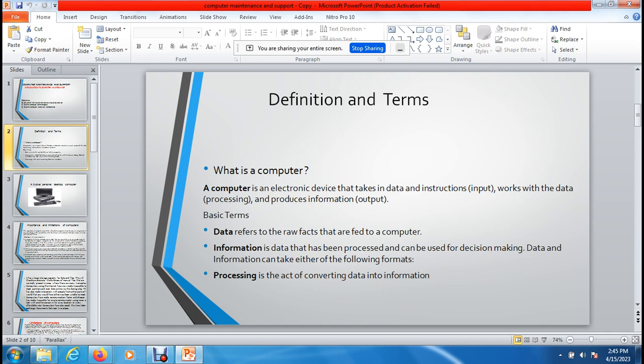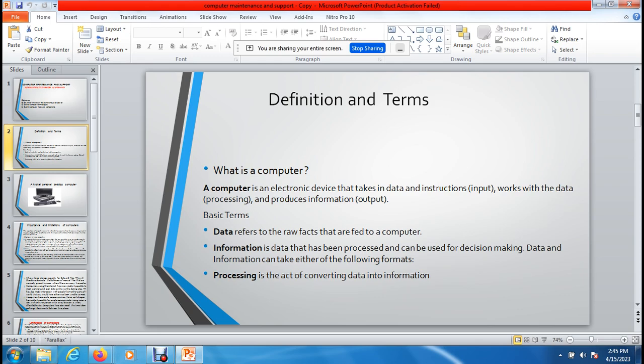We have basic terms in computing: data, which refers to the raw facts that are fed to a computer, like text, numbers, letters.